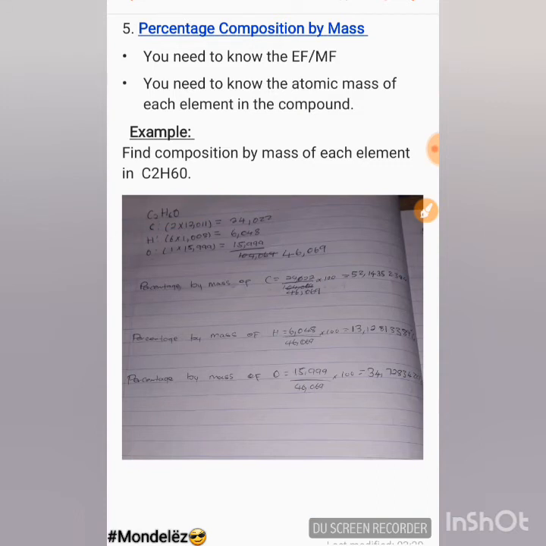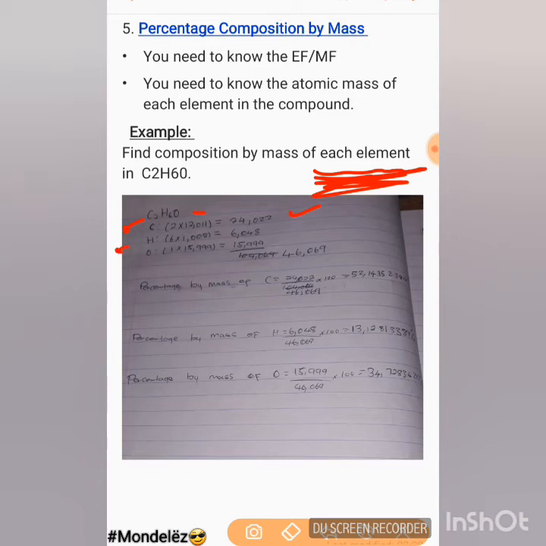So you work out each element, because it says composition by mass of each element. You want to know what percentage each element contributes in that particular compound. So for carbon, we have two of them, so you're going to say 2 times 12.011, which gives you 24.022.